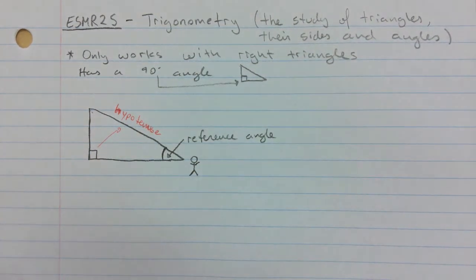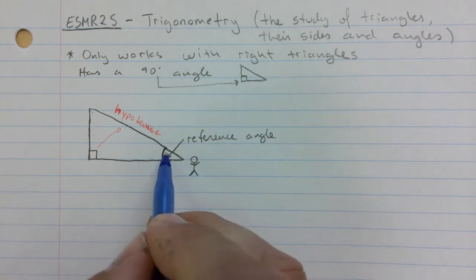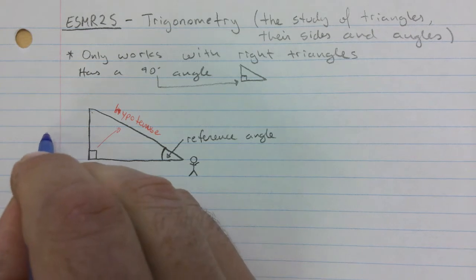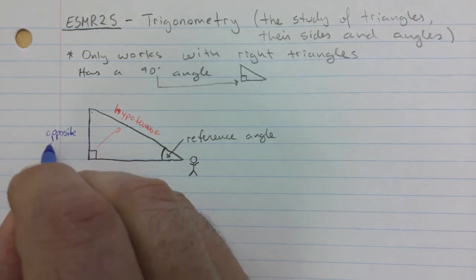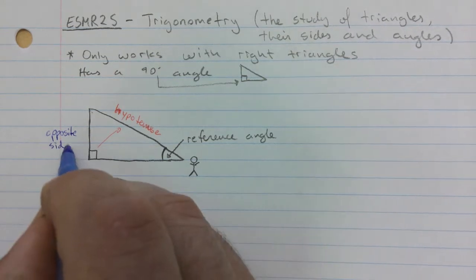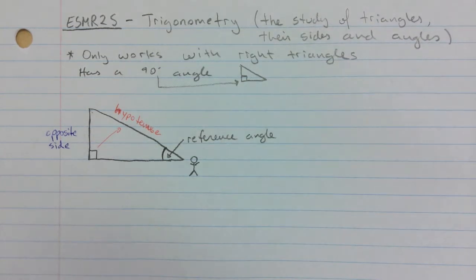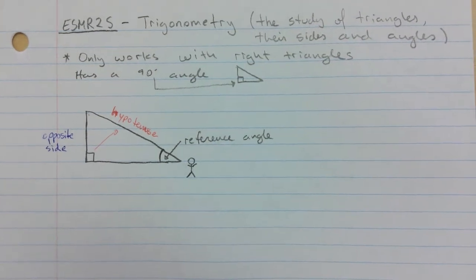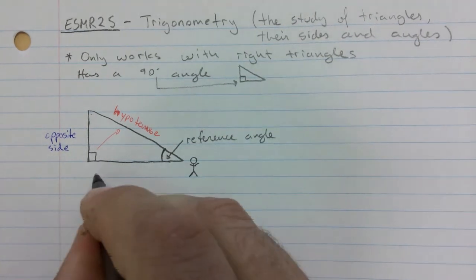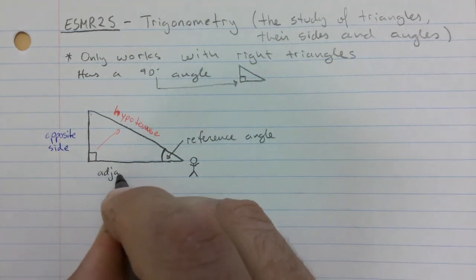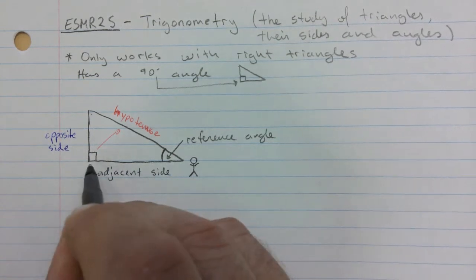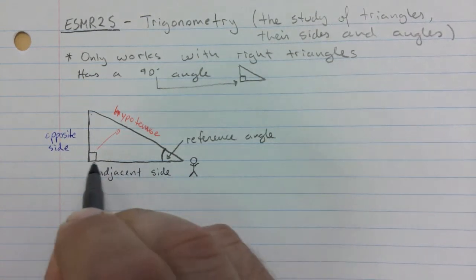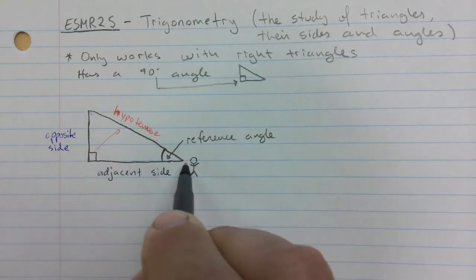The one that's across from the reference angle is called the opposite. So this side is the opposite side. And the last one remaining is called the adjacent side. Okay, so this is the adjacent side. The whole length of it is the opposite side, and that's the hypotenuse.